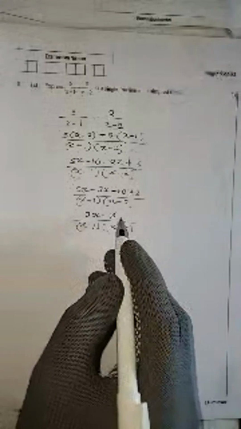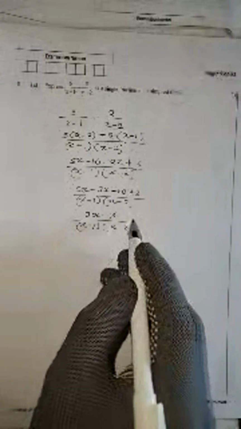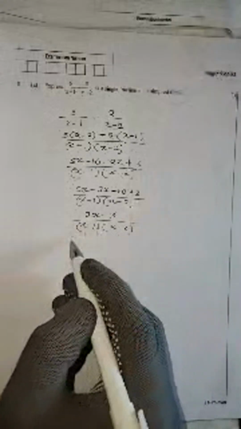If you check nicely here, we don't have what is common, so we can't cancel out here. But if on the numerator we had, let's say, x minus 1, it would have cancelled this x minus 1 down there. But since we don't have, this is the answer, and it's just 3 marks. Good. So that is question 2A.